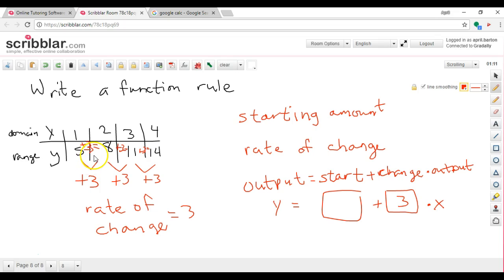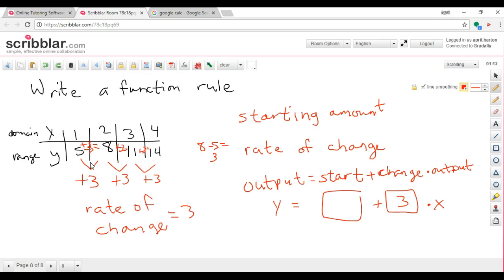If you're ever not sure, if it's too large of a gap or the numbers are just weird, you could also subtract. You could say, I'm going to do 8 minus 5. It has to be the ones directly next to each other. And that gives you the 3. So then you know 5 plus 3 is 8. So that's our rate of change. Thank you again for that question.